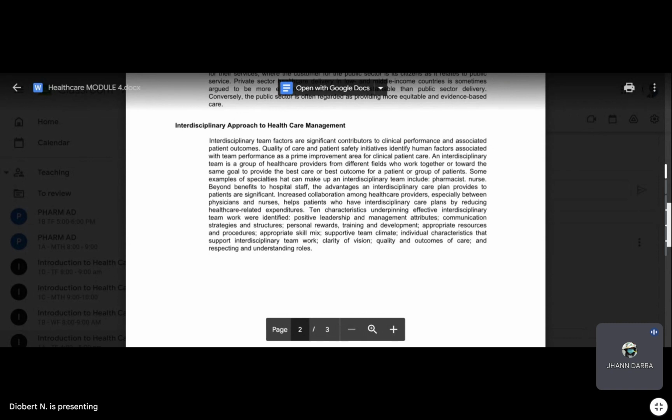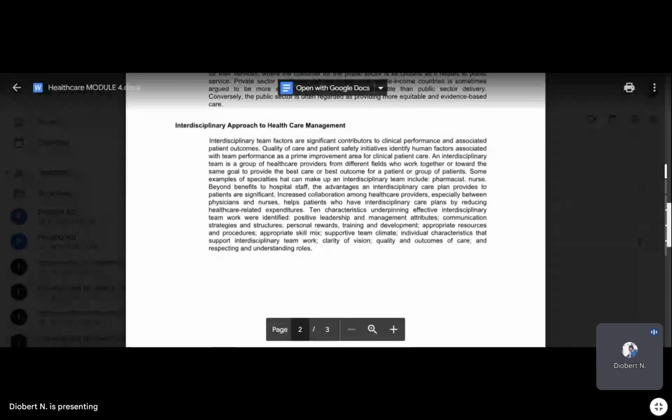Number three, please. Personal rewards, training, and development. Okay, personal rewards. We have training and development. Someone who already underwent training, or different kinds of training that would develop his or her skills. Okay, and then appropriate resources and procedures. Of course, that's very important. And appropriate skill mix.